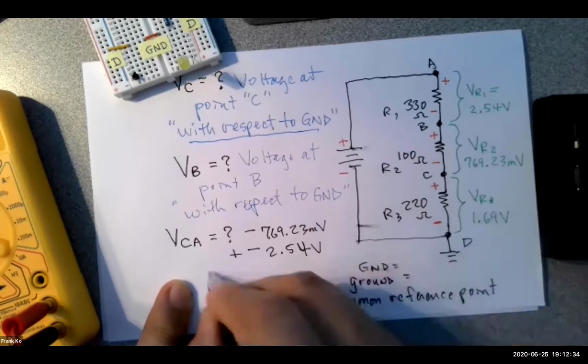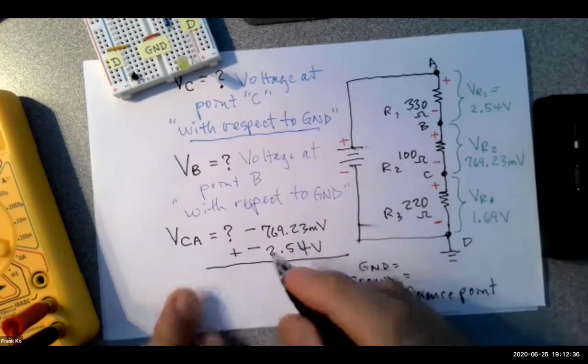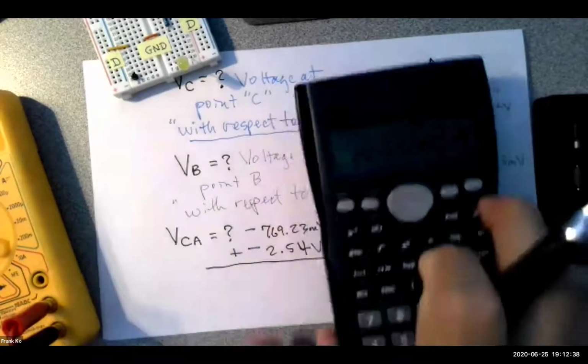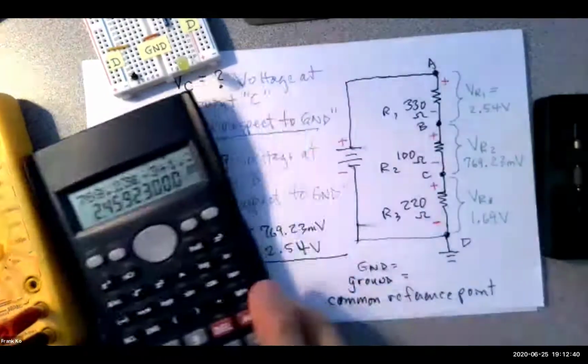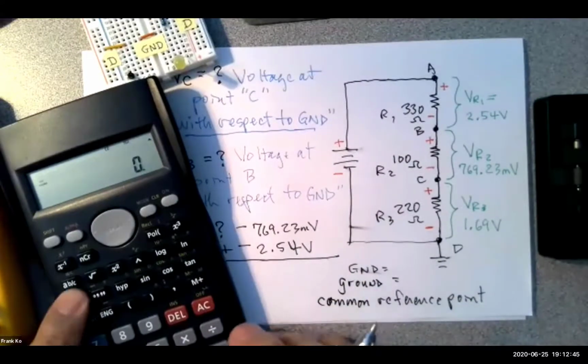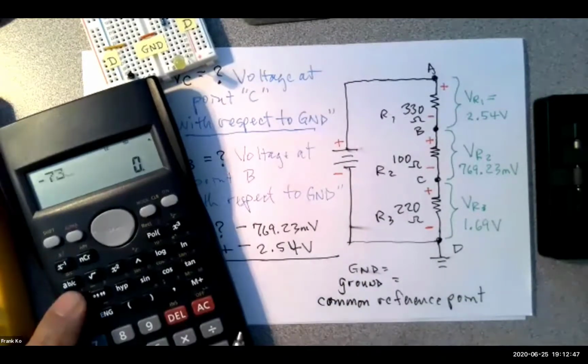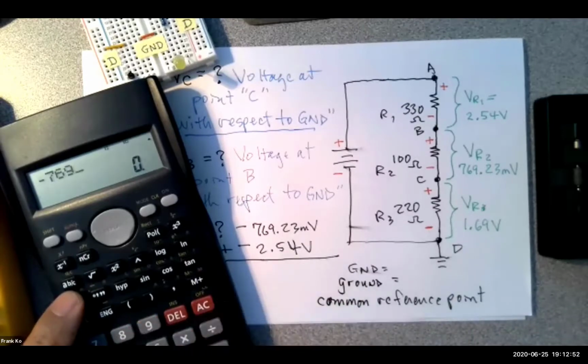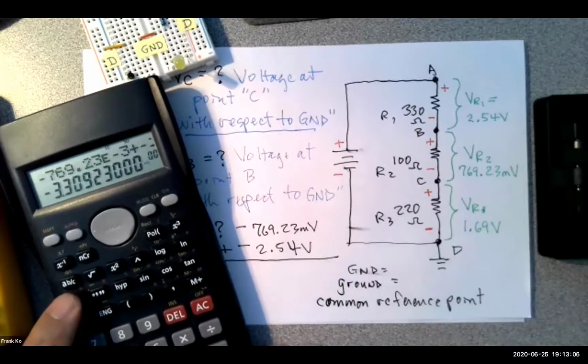On the calculator: clear, change sign, 769.23, exp negative 3, and I'm going to add that to change sign 2.54, equals.